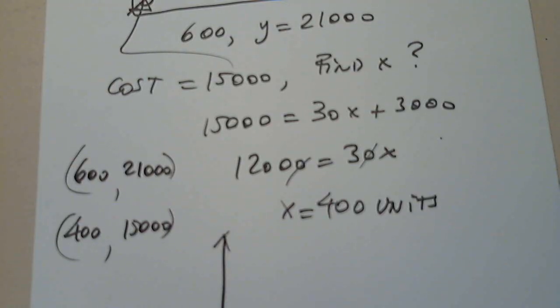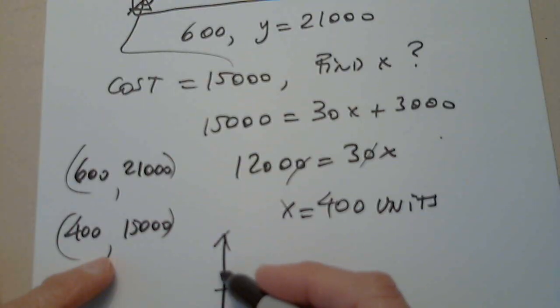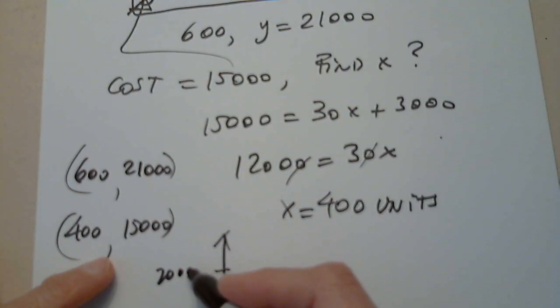So I'm going to graph what I see. The 2 points. So 200, 400, 600. Good. So now here I'm going to say 5, 5, 5, 5, 20,000, 5,000, 10,000, 15,000.